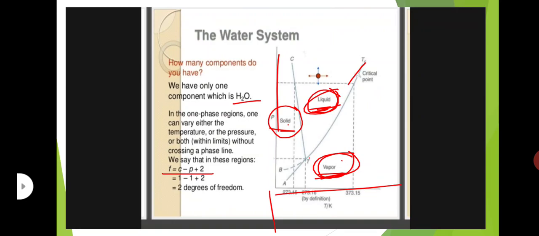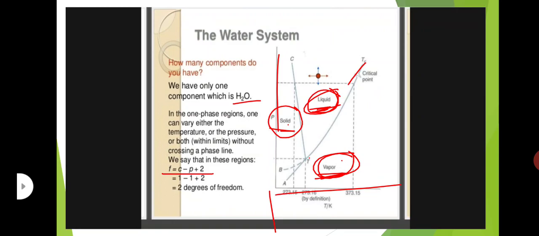In the water system, we are showing 3 regions, but each region has only one phase: one region has the solid phase, one has the liquid phase, and another has the vapor phase.